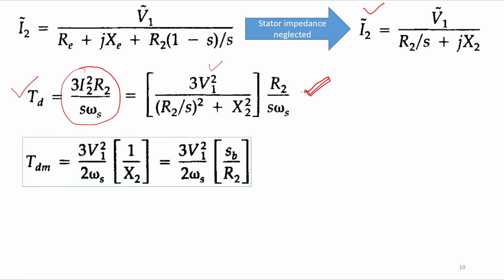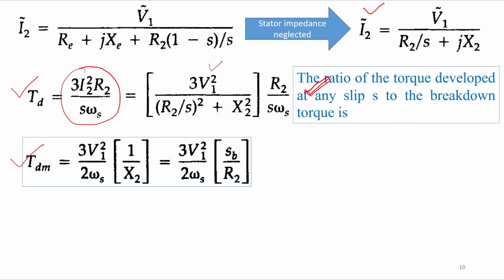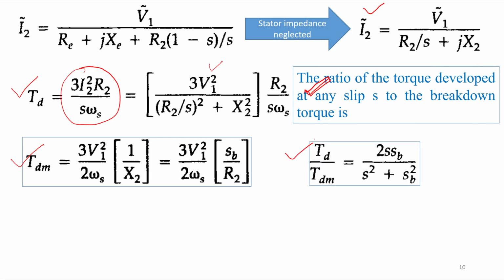And now we know the expression for T_dm, the maximum torque developed. Now if I take the ratio of the general expression of torque T_d under any slip and the maximum torque, which is the breakdown torque, happening at the breakdown slip, I get this expression for T_d by T_dm. With a little manipulation, you will find 2 S SB by (S square plus SB square).